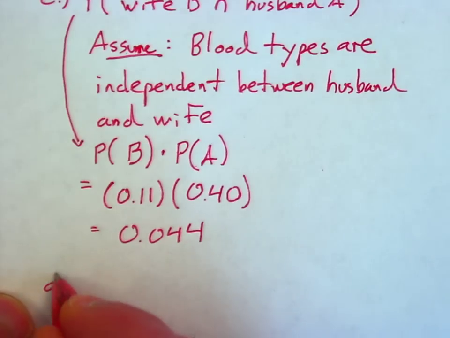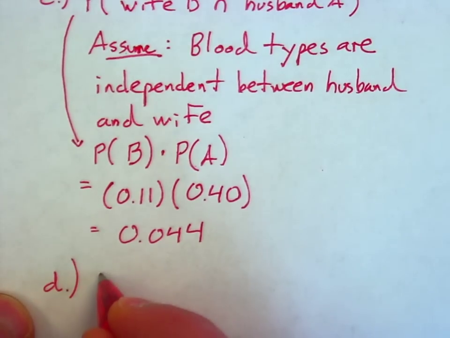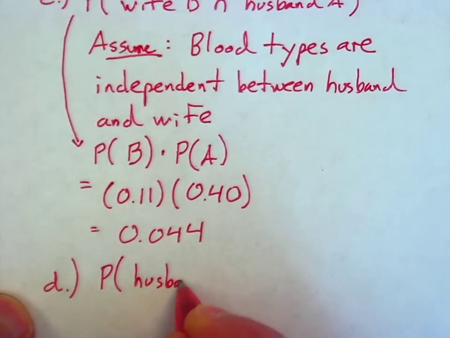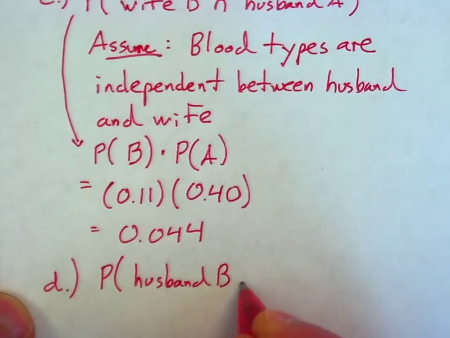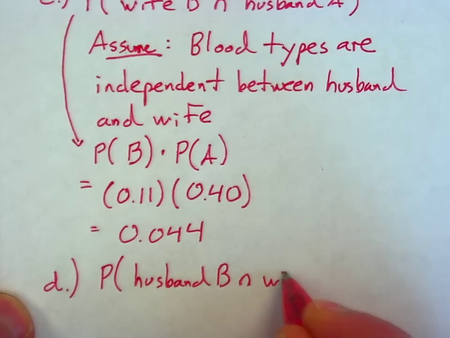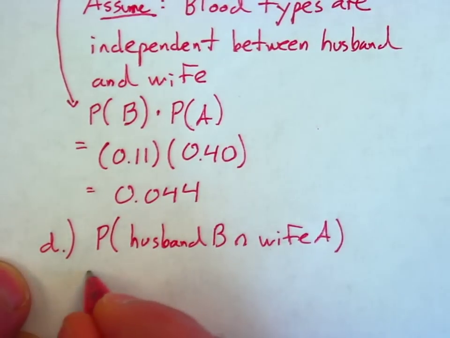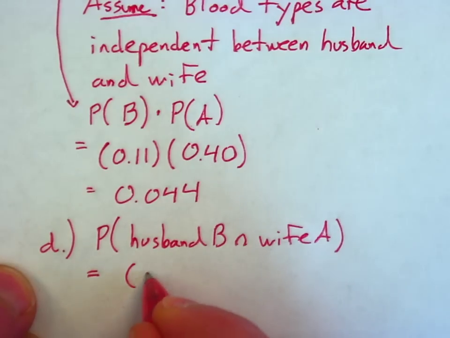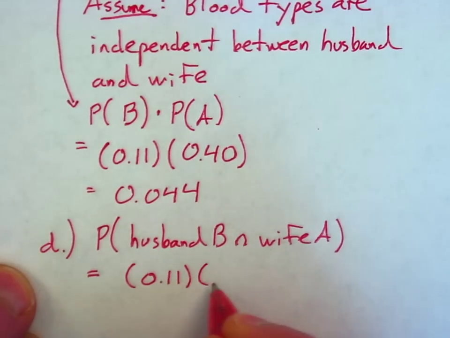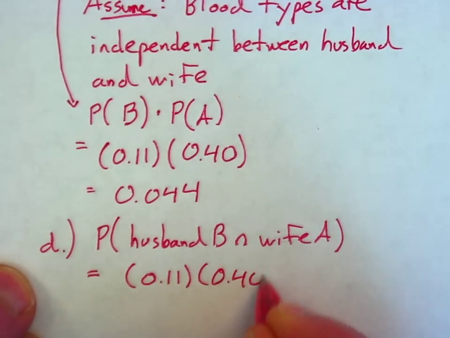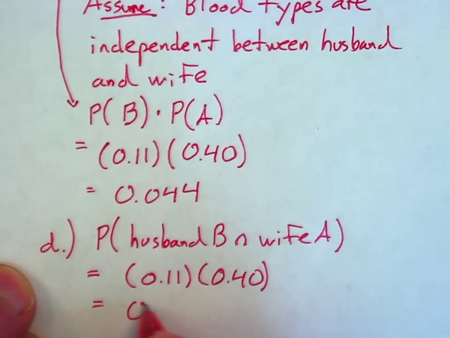So this is in part D, the probability that the husband is B and the wife is A. That probability is going to be exactly the same. It's still going to be a 0.11 times a 0.40. That's going to give us the same value.